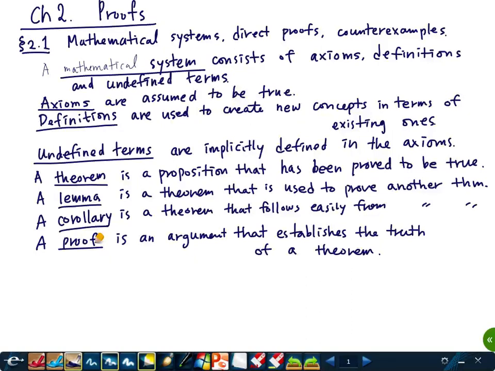So I'm going to give you an example of a mathematical system on the next page. Okay? So example, Euclidean geometry. So in order to be a mathematical system, we need some axioms. So let's see axioms of Euclidean geometry.